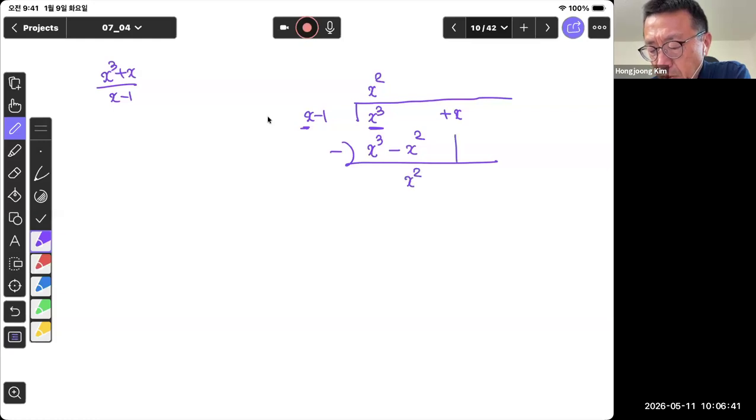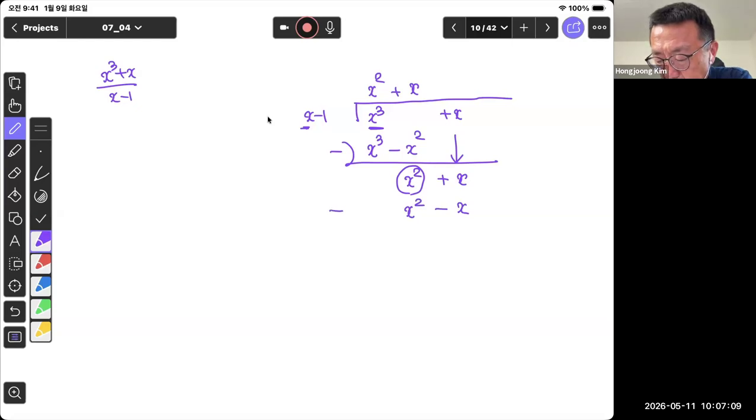And then if you bring down this x, then you get plus x, right? And then if you divide x squared by x, you get x. So if you multiply x to x minus 1, you get x squared minus x.